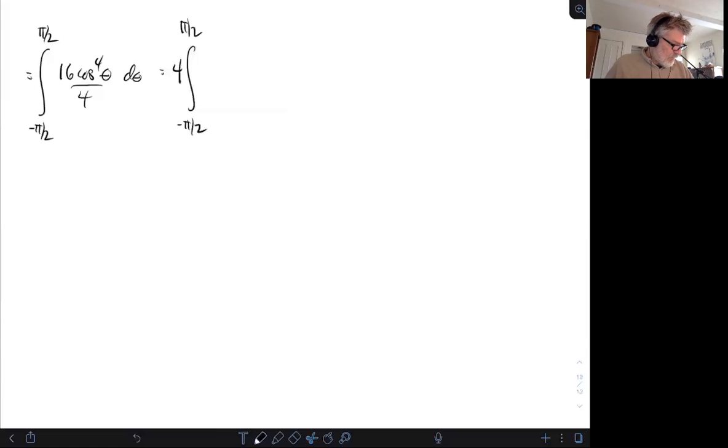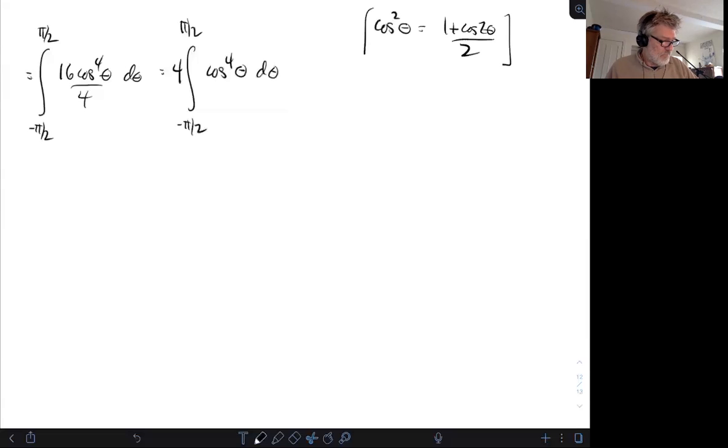I'll factor out a 4: 4 cos to the power 4 theta d theta. Even power of cos. What do I do? I use cos squared theta is 1 plus cos 2 theta over 2. But it's a power of 4, so I'll have to do it twice, basically.